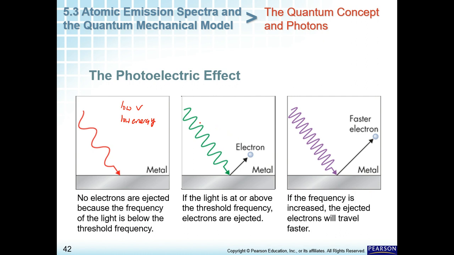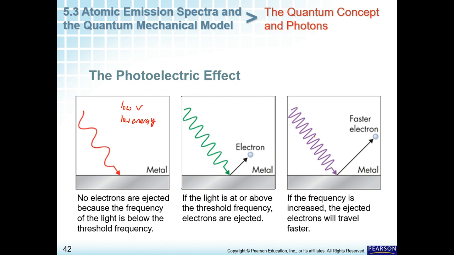In the second image, I see a green light. A green light is in the middle of my visible light spectrum, so it has about a middle frequency, and so it has about medium energy. This color light has enough energy to cause that electron to be ejected.